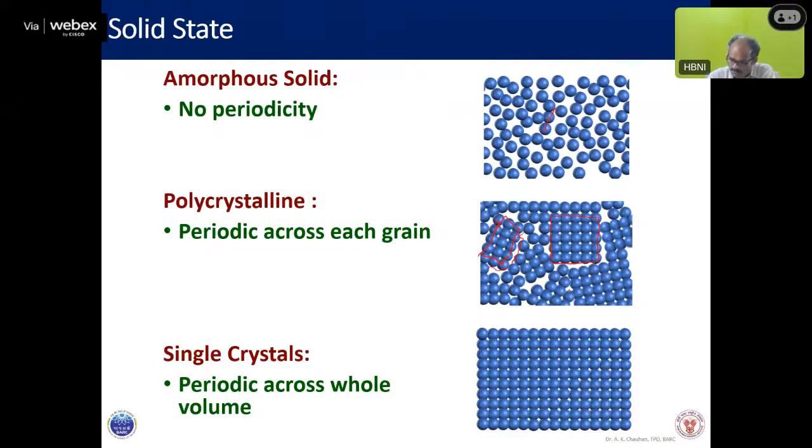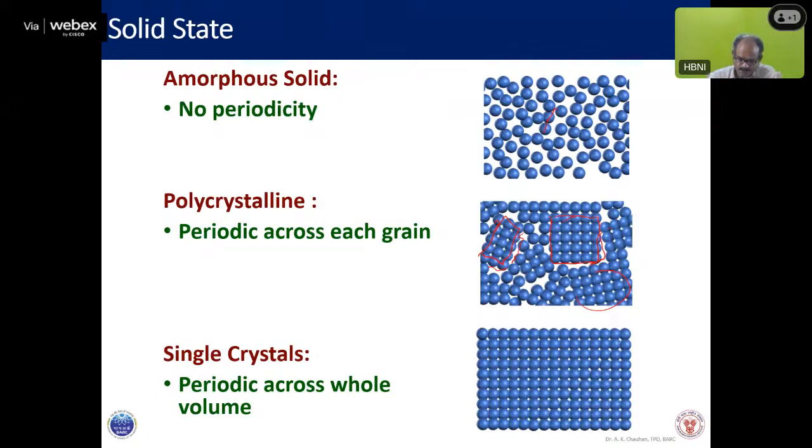The crystal volume is the crystal part, and where another crystal joins this is the grain boundary. However, it is periodic across each grain.